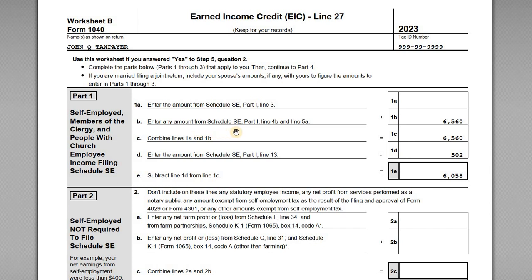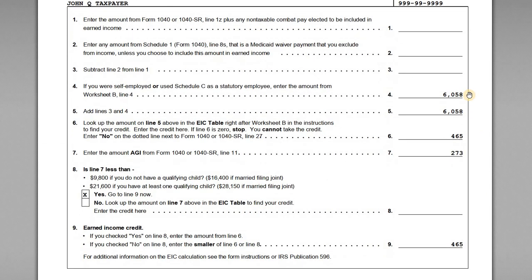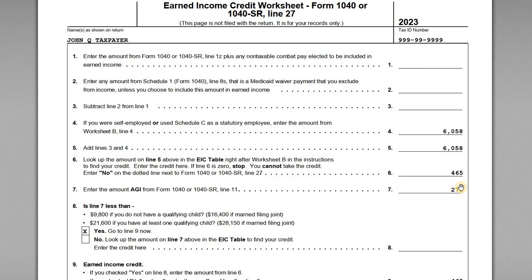So we have the amounts flowing through from Schedule SE Part 1, line 4B and A. There's our $6,560 figure. There is the 1/2 deduction for the self-employment tax, and our net earned income from self-employment is $6,058.